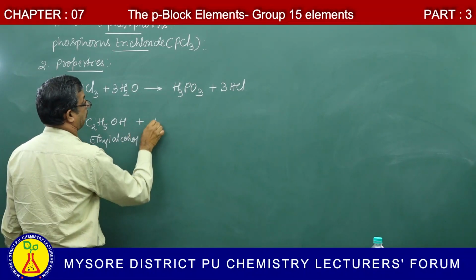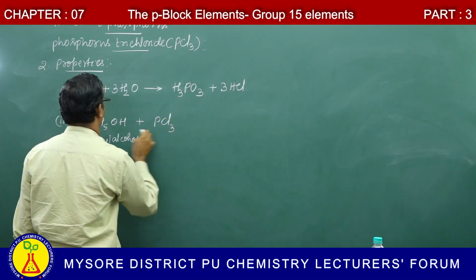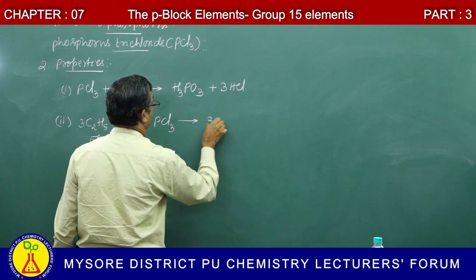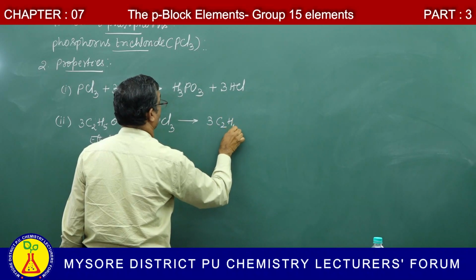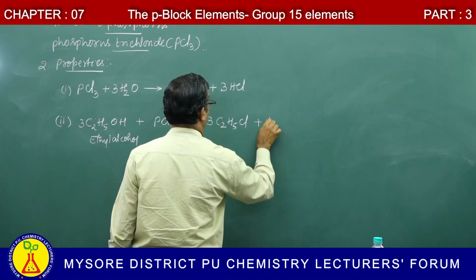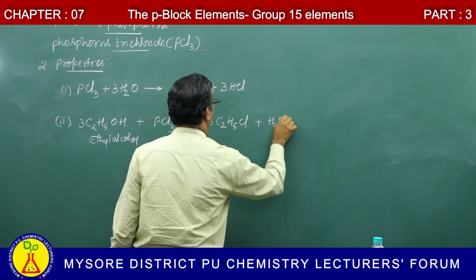When it is treated with PCl3, we get 3 C2H5Cl plus H3PO3.